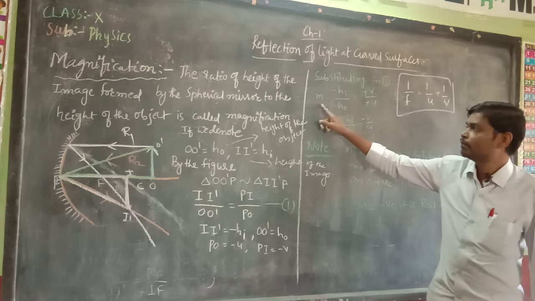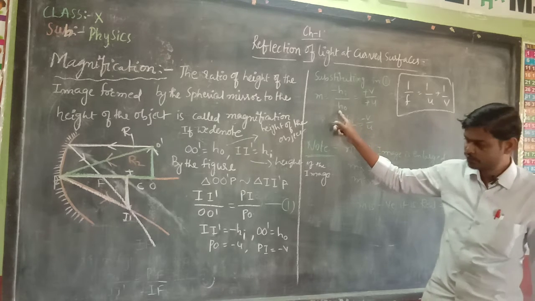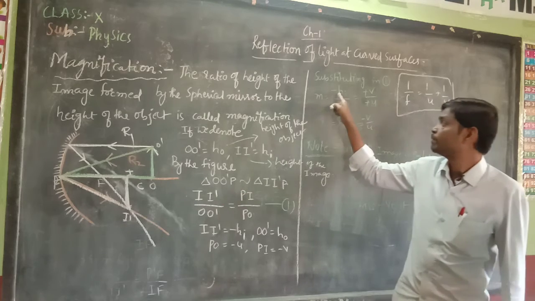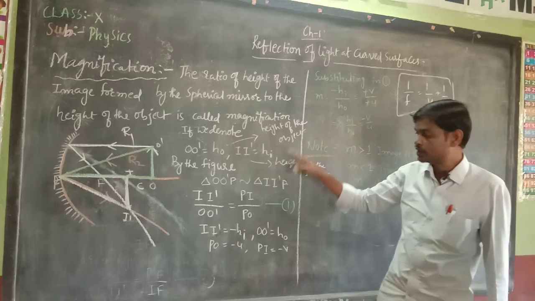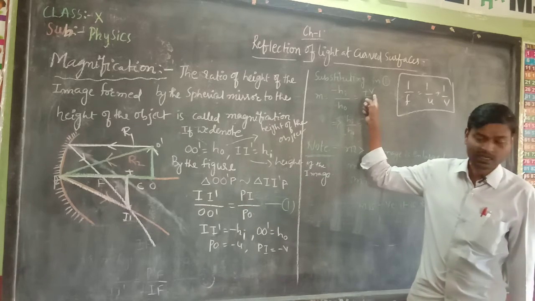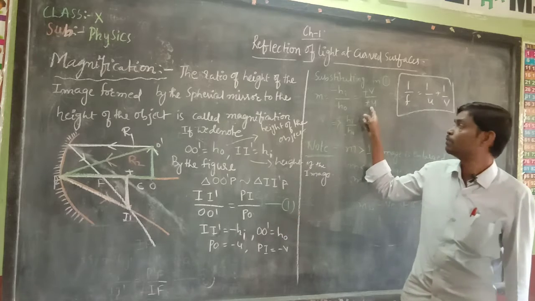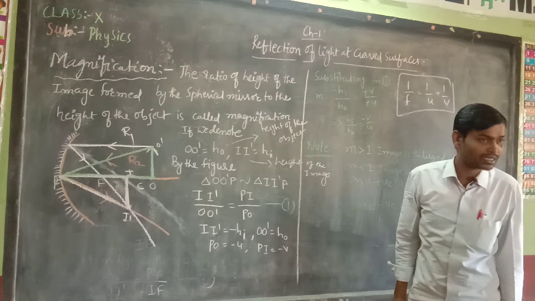What we got? Magnification M is equal to minus Hi by Ho. Instead of I dash, minus Hi. Instead of O dash, Ho. Instead of Pi, we wrote minus V. Instead of Po, minus U. So here minus minus got cancelled.